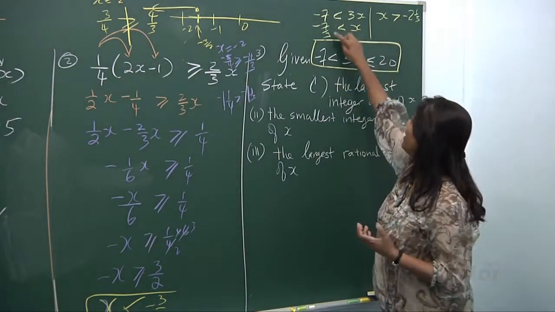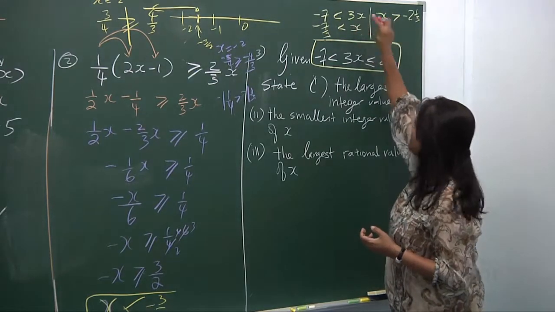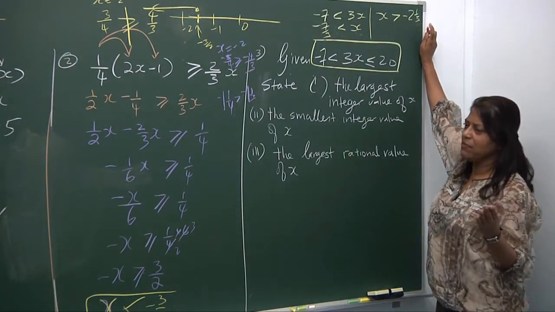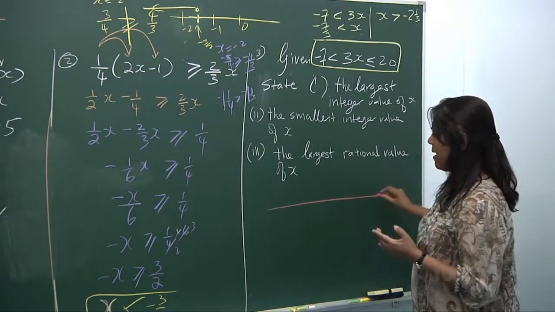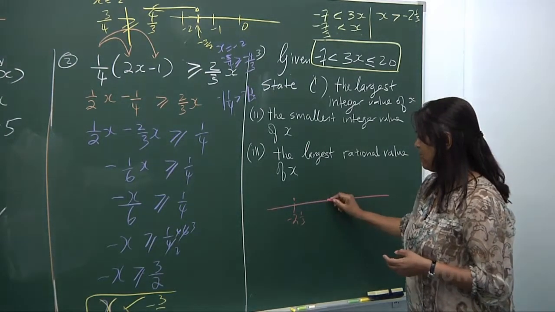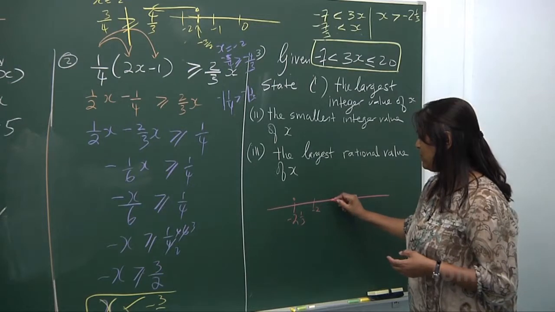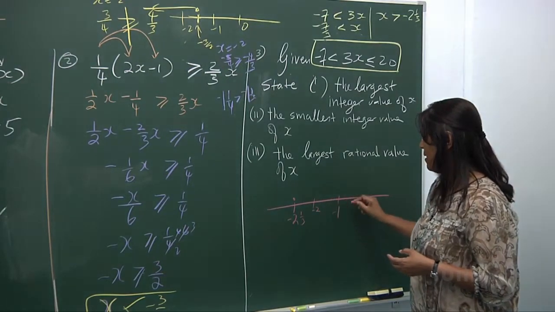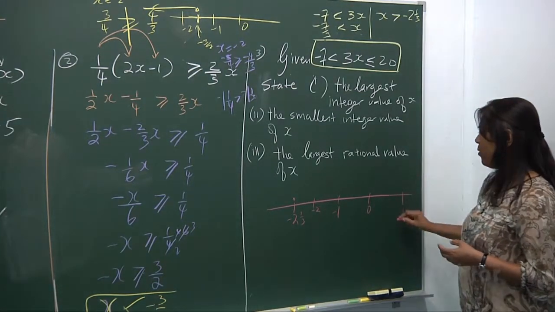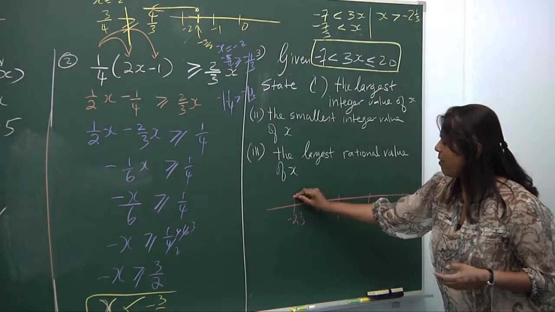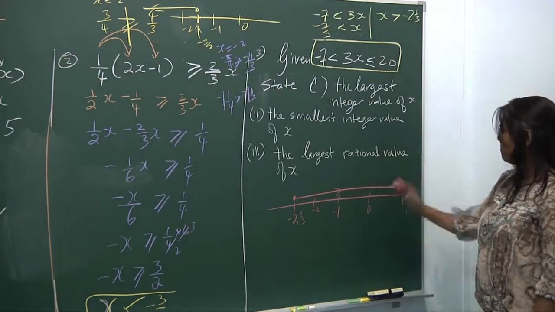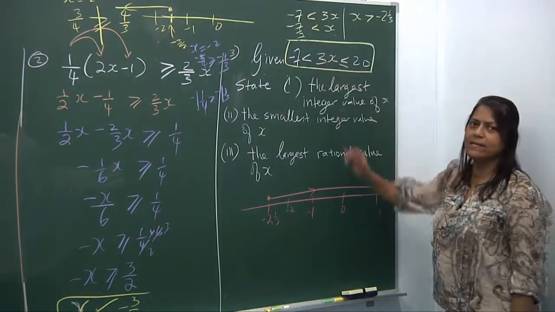This is smaller than that, which means that is bigger than this, so x is bigger than that. If we draw a number line, and I have minus 2 and 1/3 here, and this is minus 2, minus 1, and I have a 0 here, and I go on to 1, from this point onwards x is bigger. That's what this part says.